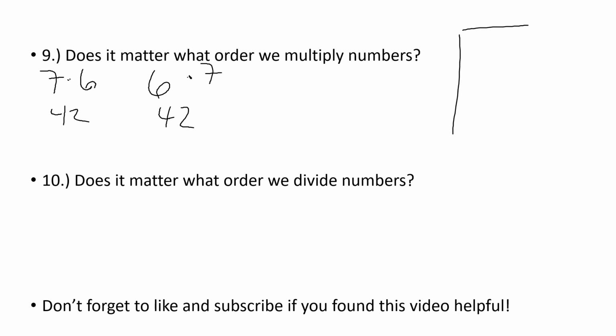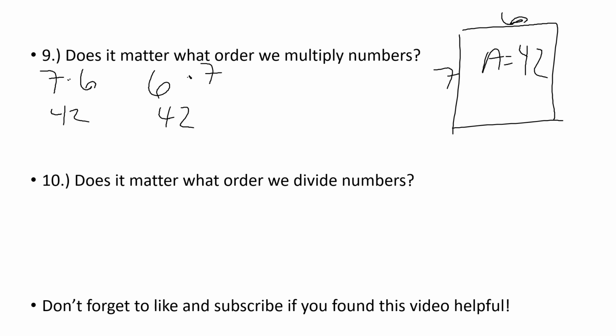If I have a rectangle and one side length is 6 and the other side length is 7, the area will be 42 no matter what. And it doesn't matter if you turn the rectangle on its side and you say, okay, it's 6 times 7 or 7 times 6, like the area or the space size of that rectangle is going to be the same no matter what. You can do that just like we did with the addition. You can do that with as many pairs of numbers as you want.